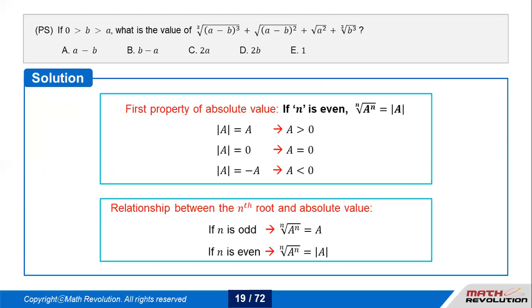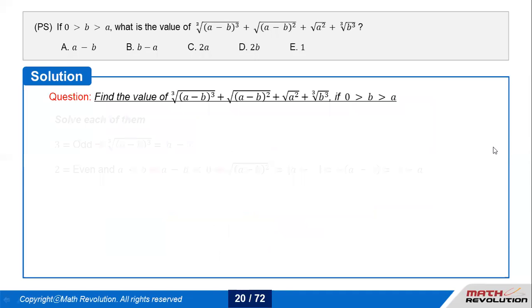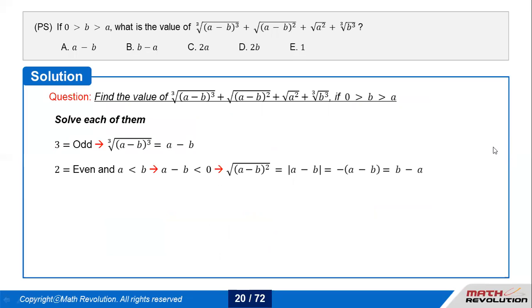What happens when there is an nth root and n is odd or n is even? So let's do this. The first radical part, cube root of a minus b cubed, n is odd, gives me a minus b. Job done. Go on to the second part.